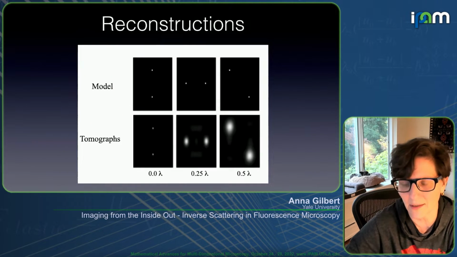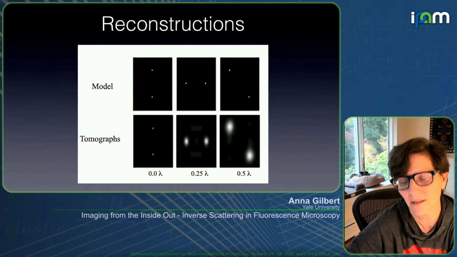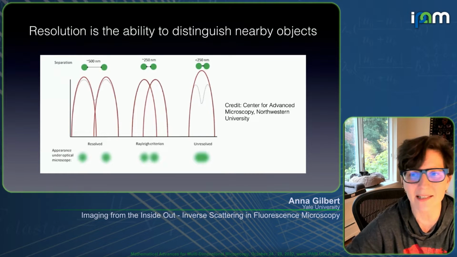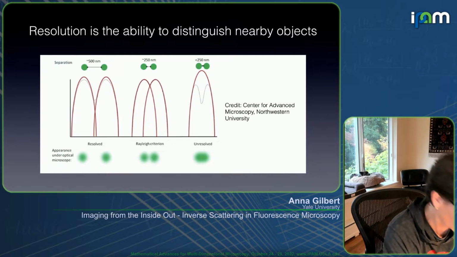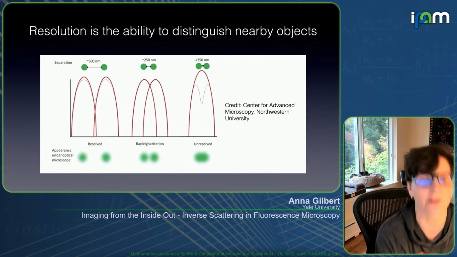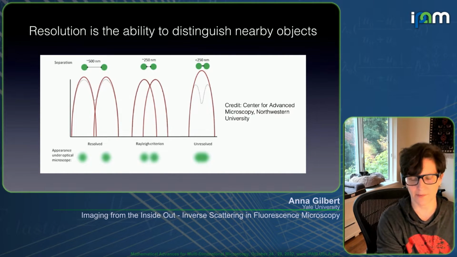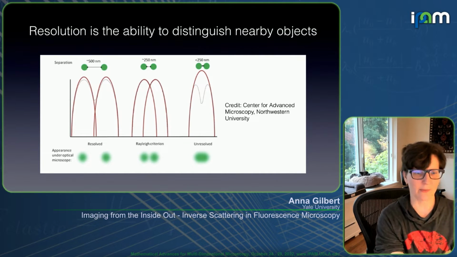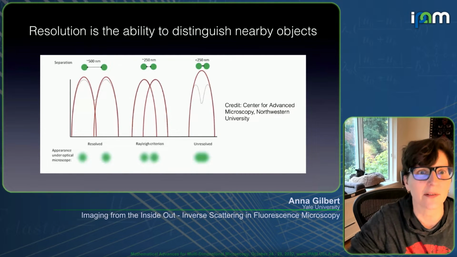The problem is that as an inverse problem, this is horribly ill-conditioned, and you can't get fantastic resolution as a result. And just to give you a picture of what it means to resolve two sources under an optical microscope, I also have lost my mouse in this.